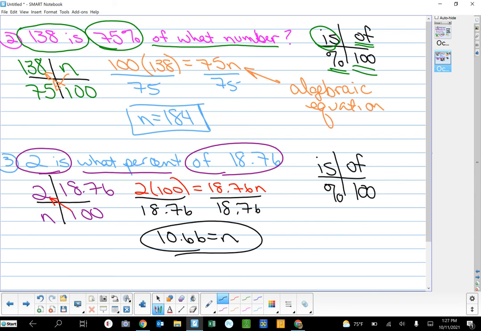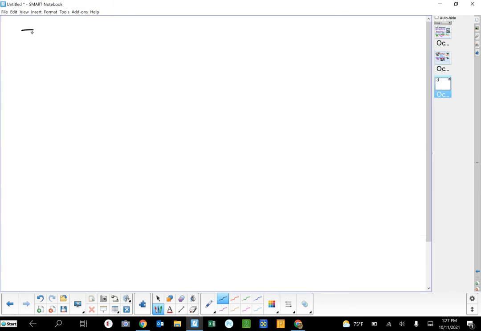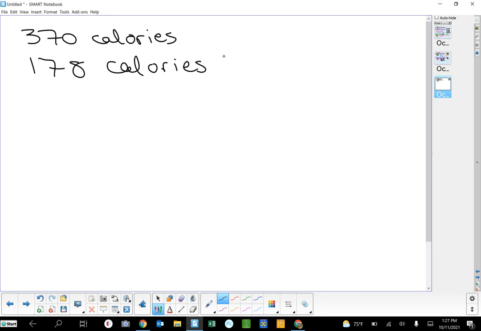Okay, so this one says the nutrition fact sheet at a fast food restaurant says the fish sandwich has 370 calories and 178 calories are from fat. Okay, what percent of the total calories are from fat?